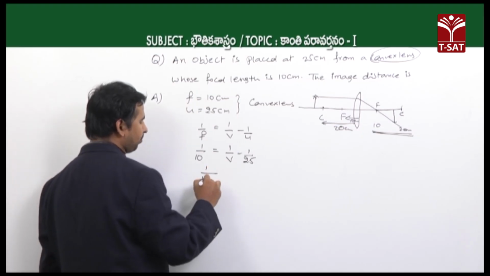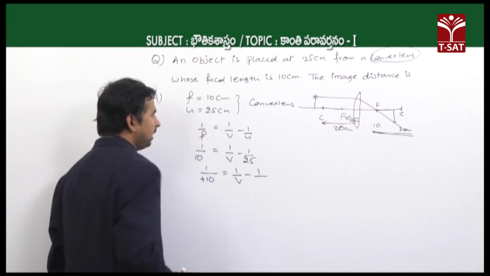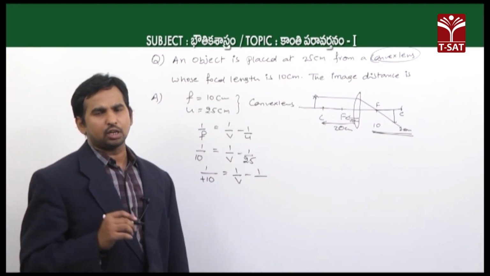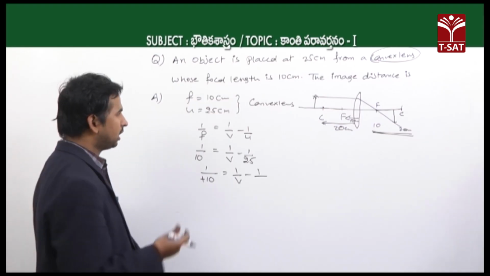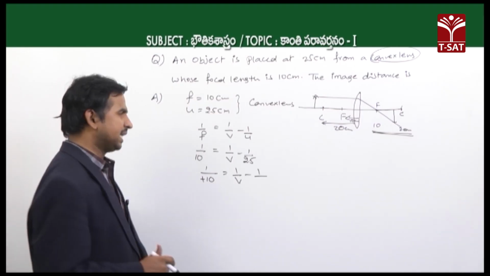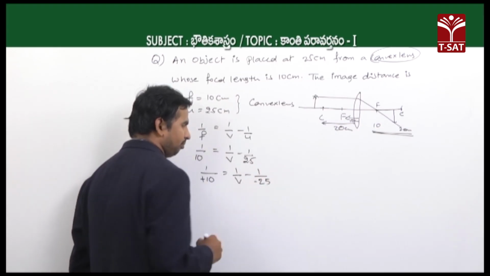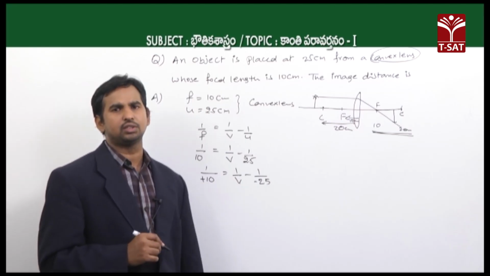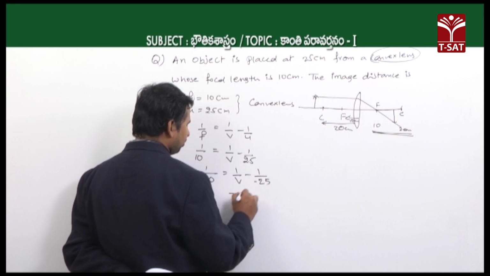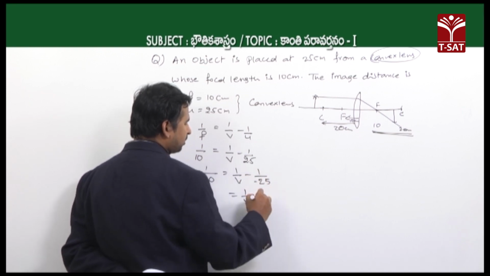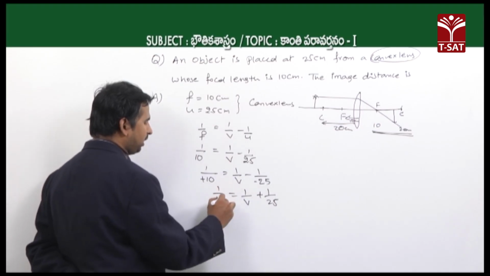So 1 by plus 10 is equal to 1 by v minus 1 by u. The object distance we have to take opposite to the incident light ray, so we get it as negative. So 1 by 25 with a minus sign, because the object distance is negative. Then 1 by 10 is equal to 1 by v, minus of minus becomes plus, 1 by 25.